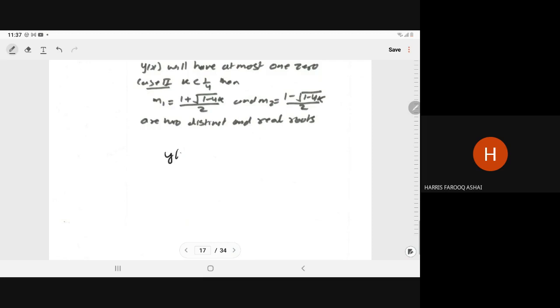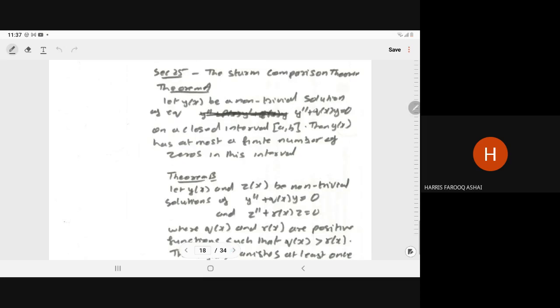So y(x) will be c1 e^(m1 x) plus c2 e^(m2 x). Due to the involvement of the exponential, it crosses the x-axis at most once. There is no fluctuation or oscillation.